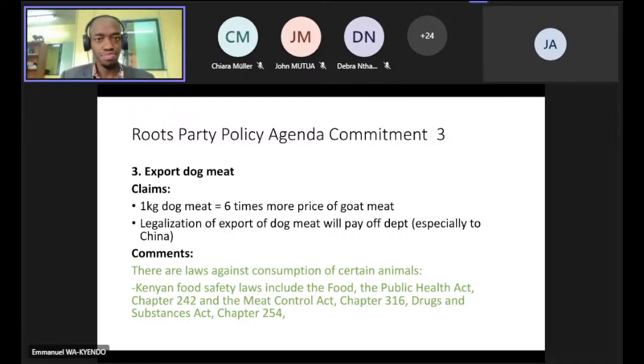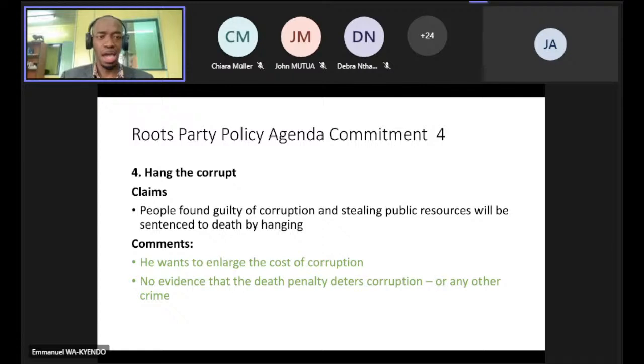The 4th commitment, to hang the corrupt. Now, people found guilty of corruption and stealing public resources will be sentenced to death by hanging.